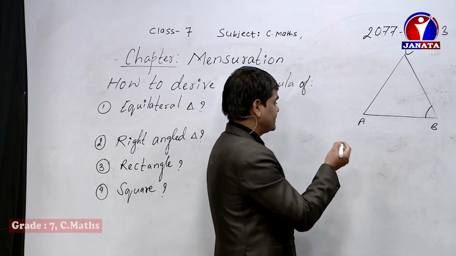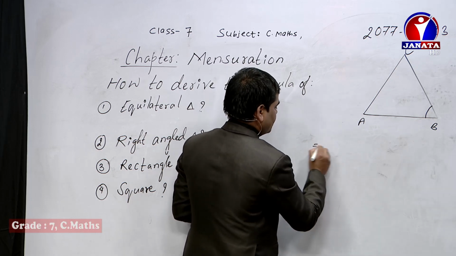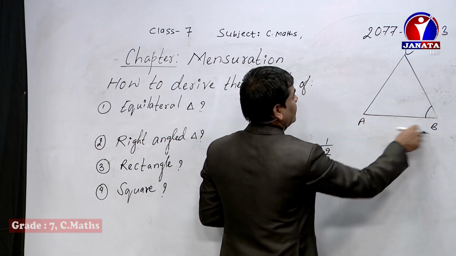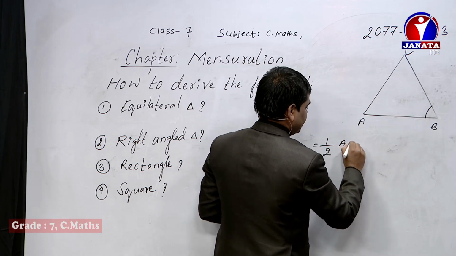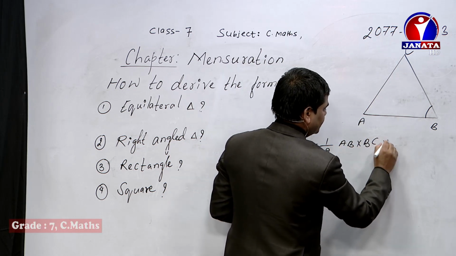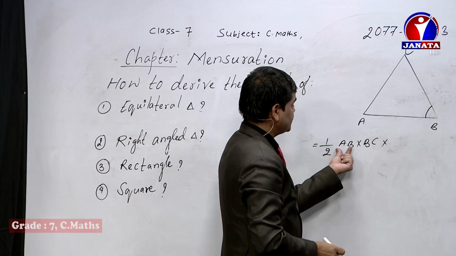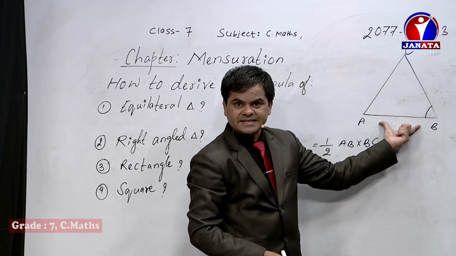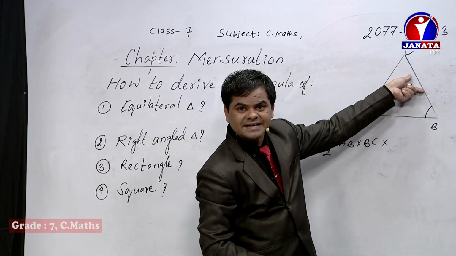Now what is that basic formula? That basic formula is, dear student, you can write 1/2 area finding out formula of this one, AB into BC into the middle angle in between these two sides. AB means this side, isn't it, and BC means this other side.